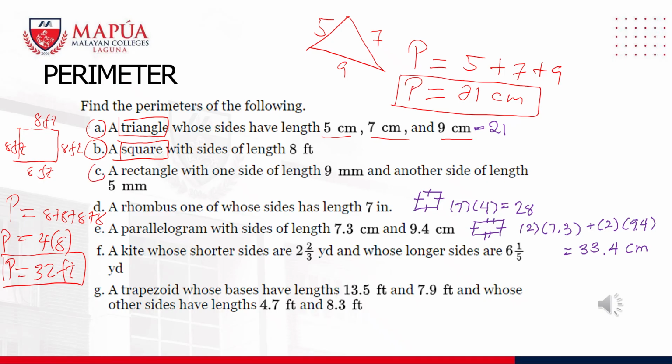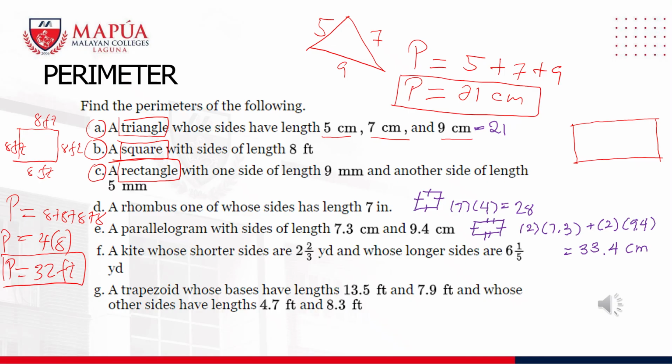So item C, rectangle. What is a rectangle? You should know what a rectangle is, class. A rectangle has two opposing sides that are equal to each other. So this side is equal to this side, and this side is equal to this side. So this is a rectangle. We are given that the rectangle has a length equal to 9 mm.